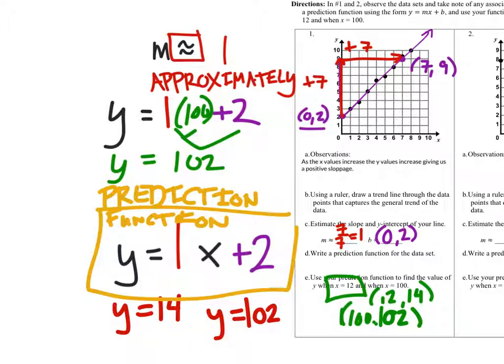So the prediction function allows us to predict future values, which is where this gets really, really shady, especially if you're in some kind of politics. Because now, you guys saw that the line that we drew is subjective, because we're eyeballing this.